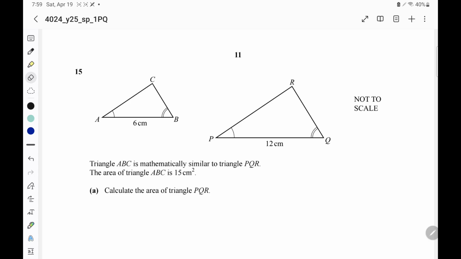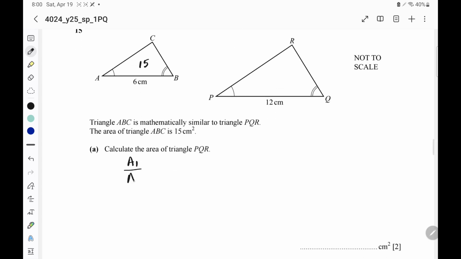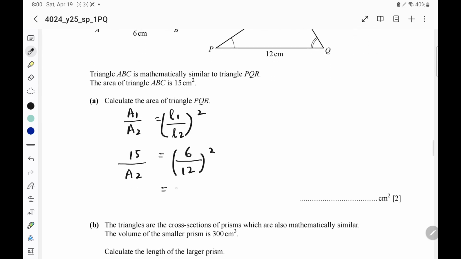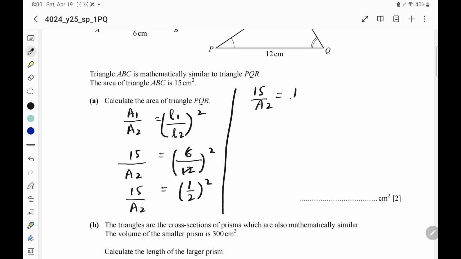The area of triangle ABC is given as 15 square centimeters. Find the area of this triangle. Since they are mathematically similar, A1 over A2 equals (L1 over L2) squared. A1 is 15, L1 is 6, A2 is required, and L2 is 12, all squared. Simplify: 6 over 12 is a half, so half squared. 15 over A2 equals 1 over 4.